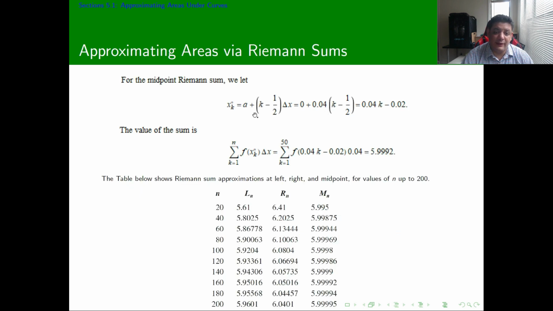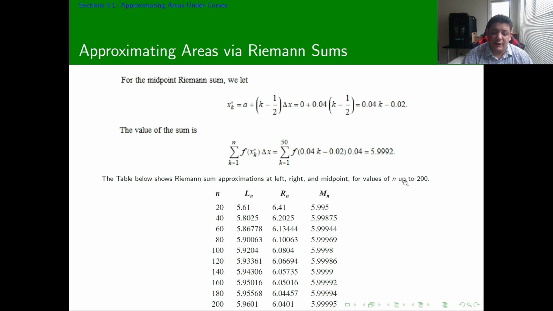We can do the same thing for the midpoint Riemann sum. We calculate the initial point, multiply by delta x, plug this into the function, and add up the values of the function in each case, and we get 5.99.